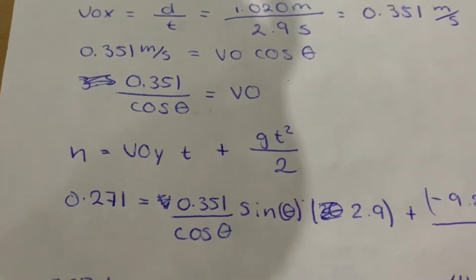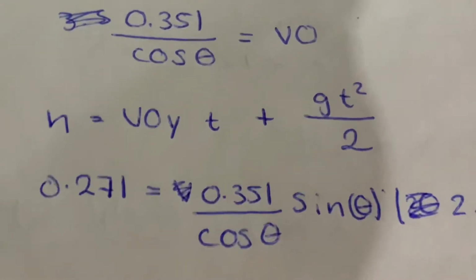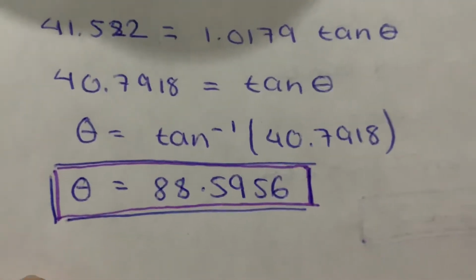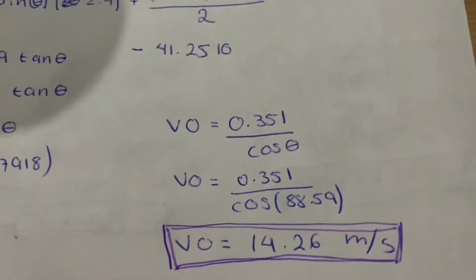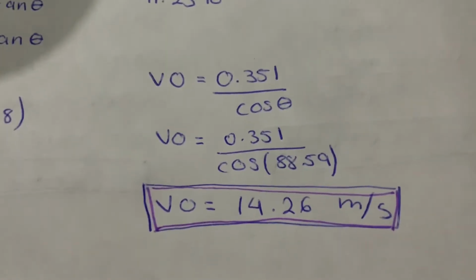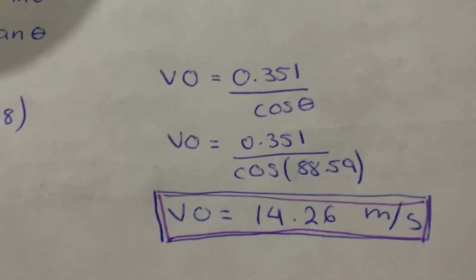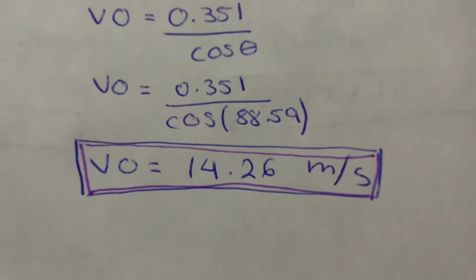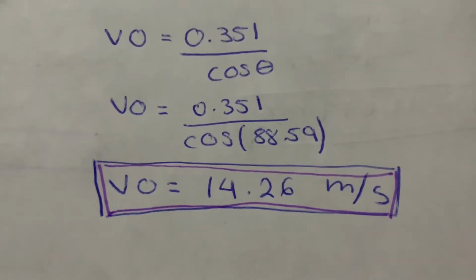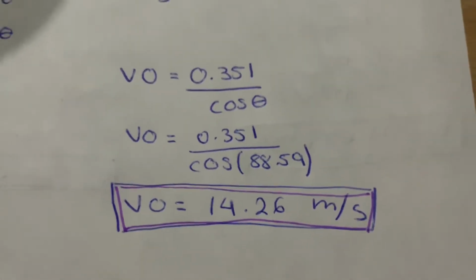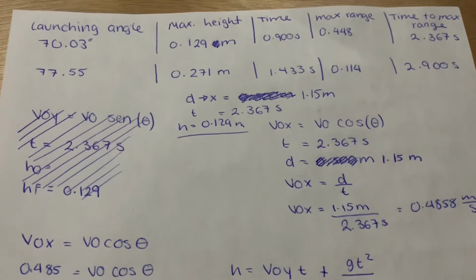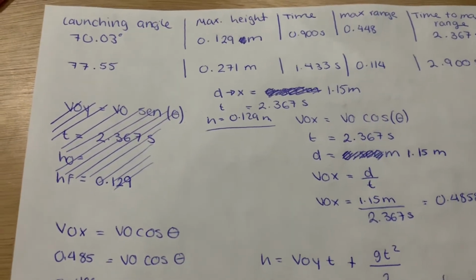So I used this other formula and solved it again, and I got this angle. And then I finally put my angle in the formula that wasn't finished, and so my initial velocity is 14 meters.